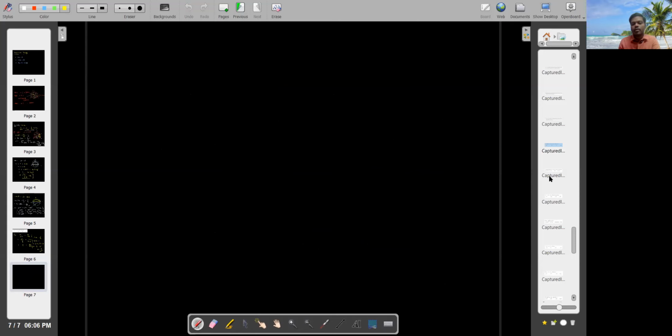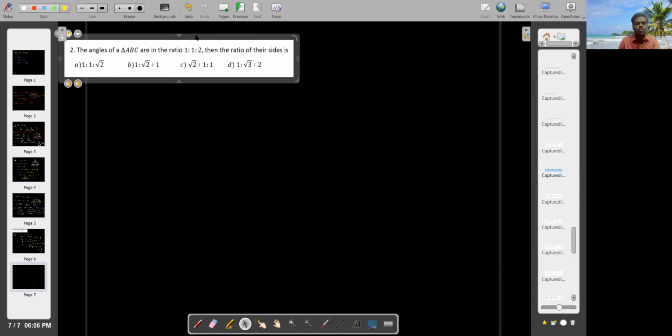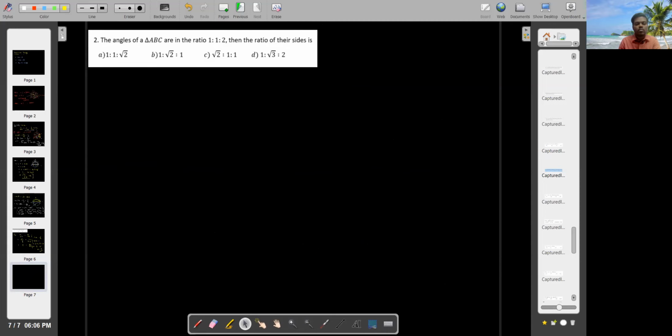Go to the next one. So the second one is: the angles of triangle ABC are in the ratio 1 is to 1 is to 2. Then find the ratio of their sides. From the sine rule, we know that A by sine A equals B by sine B equals C by sine C equals 2R.